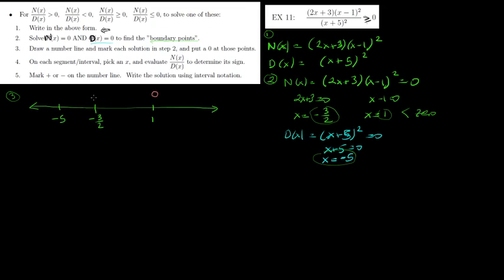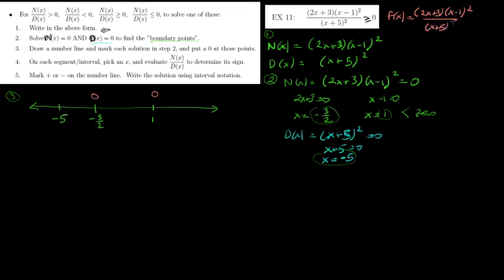So 1 and negative 3 over 2, that's where this function equals 0. But what about negative 5? At negative 5, the function does not equal 0. The denominator is 0. Remember, when the denominator is 0, that's bad. That means this function, if you want to think of this as your f of x, the whole thing is going to be undefined at negative 5.